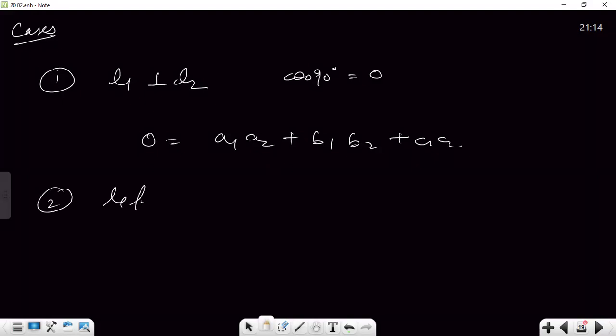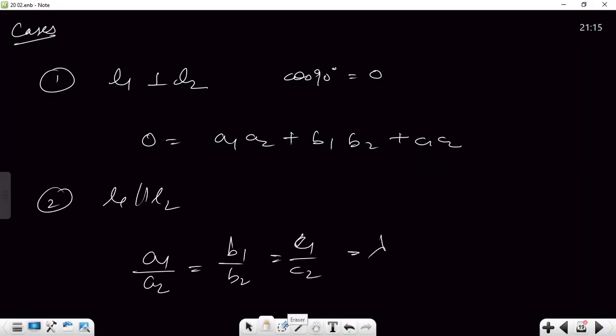If lines are parallel, or we call them collinear, the DRs become proportionate, with lambda being any scalar. Clear? Understood?